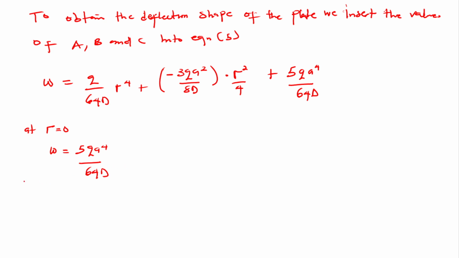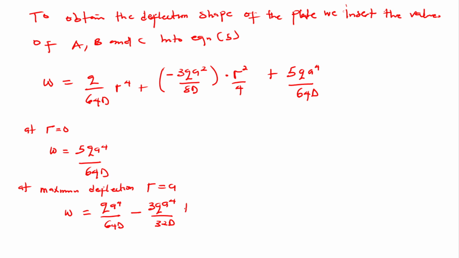At maximum deflection, R equals to A, so W becomes QA raised to power 4 over 64D minus 3QA raised to power 4 over 32D plus 5QA raised to power 4 over 64D.